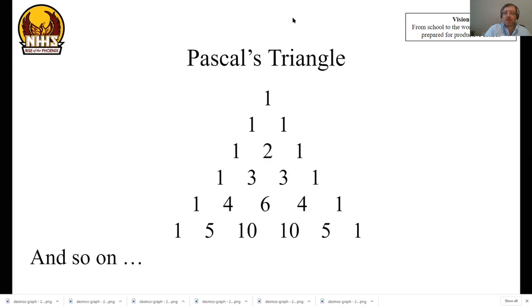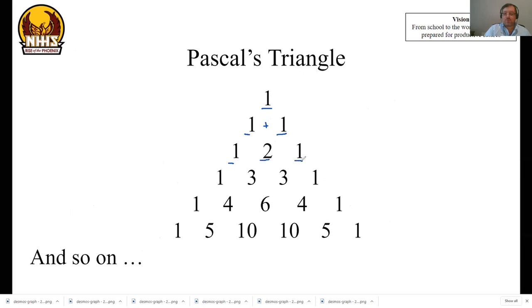So when I use Pascal's triangle, I start off with 1. I write 1 and 1 on each side, and then I add terms. The 1 stays on the outside. 1 plus 1 gives me 2.